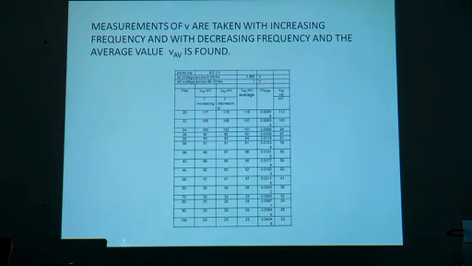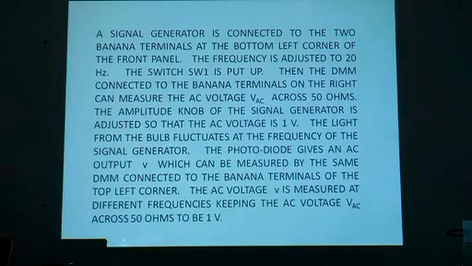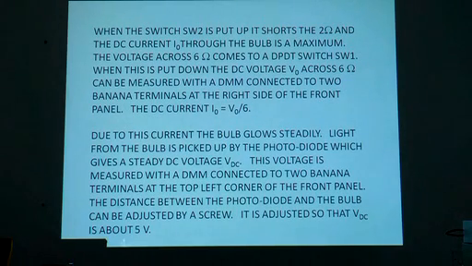I will repeat what I said. When the switch SW2 is put up, it shorts the 2 ohms and the DC current I0 through the bulb is a maximum.